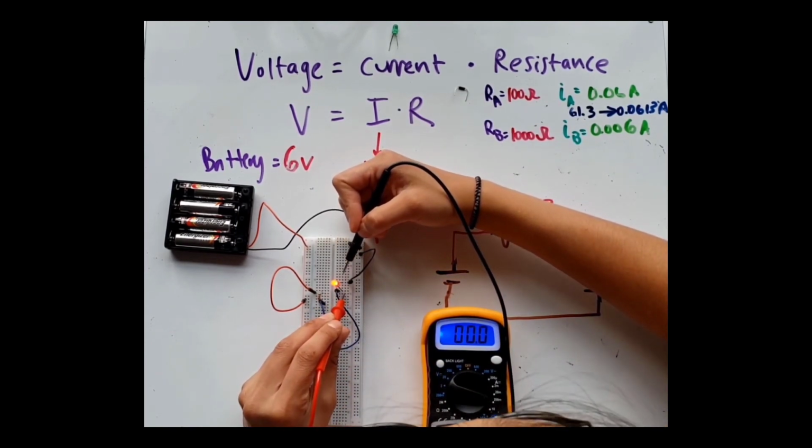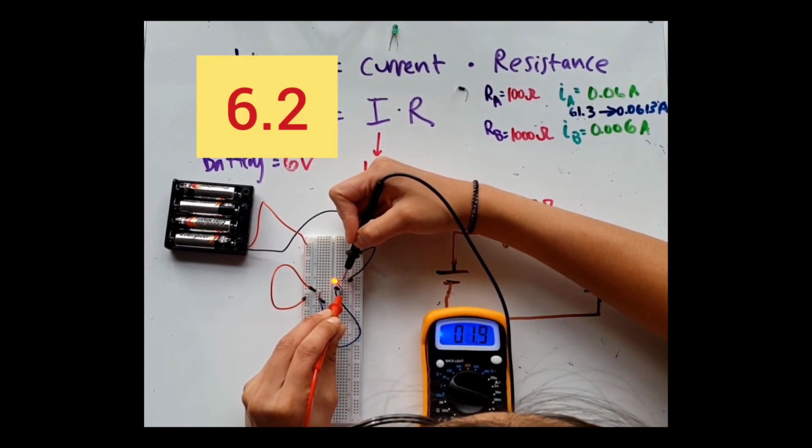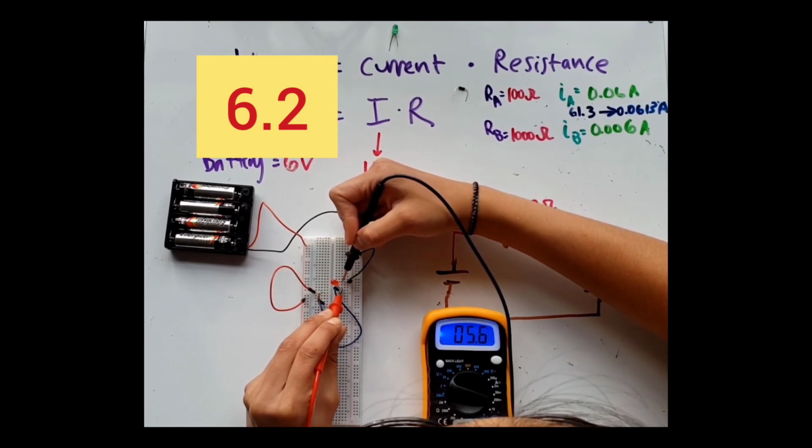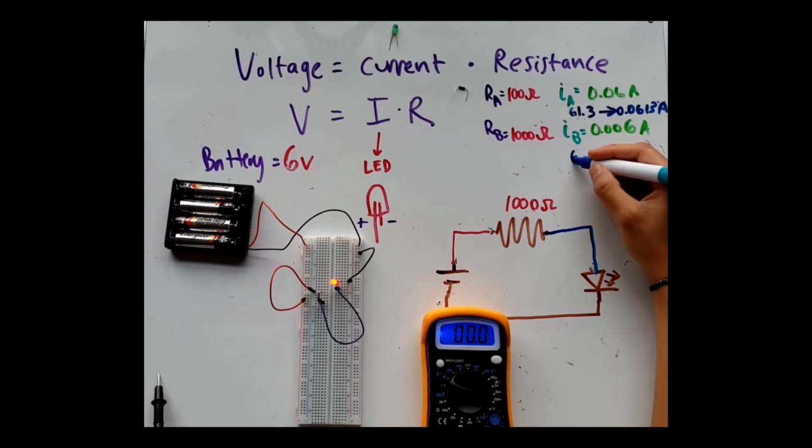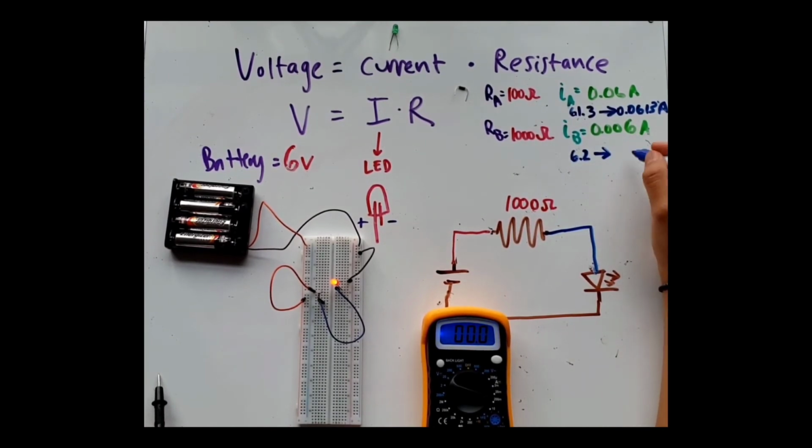The other one I got 61.3, and this one I'm getting 6.2. So when I read this, 6.2 is actually translating into 0.0062 amps. Again, our reading comes out accurate to our calculation.